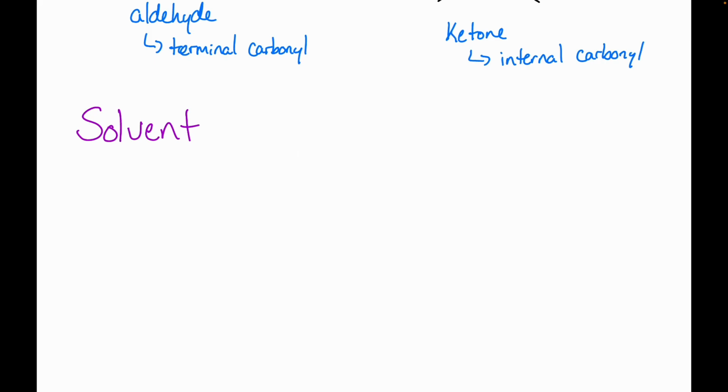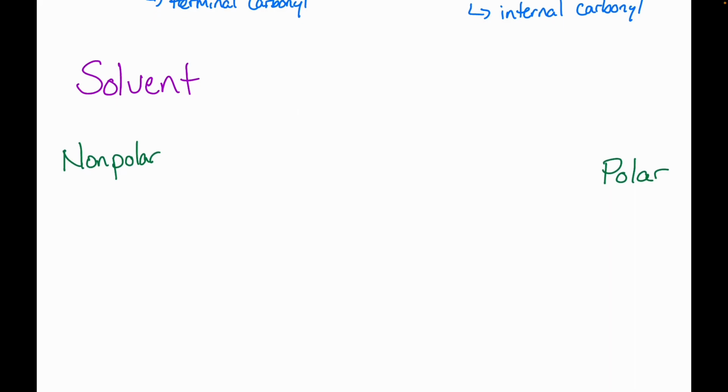If we look on our polarity spectrum here, from nonpolar to polar, let's put down a few molecules that all have similar molecular weights and see if we can rank these from nonpolar to polar.